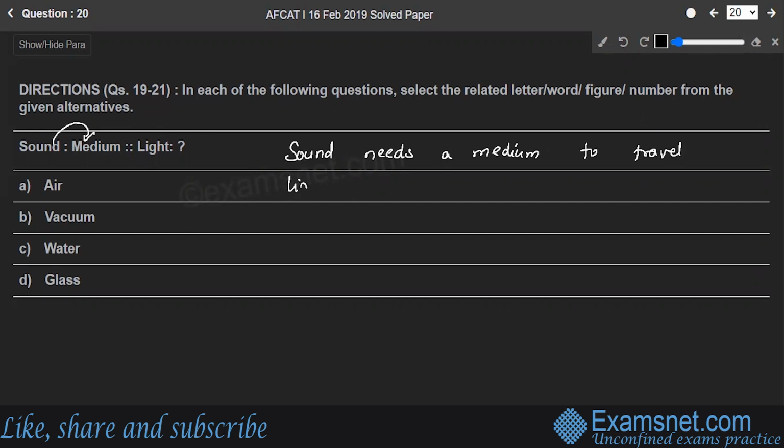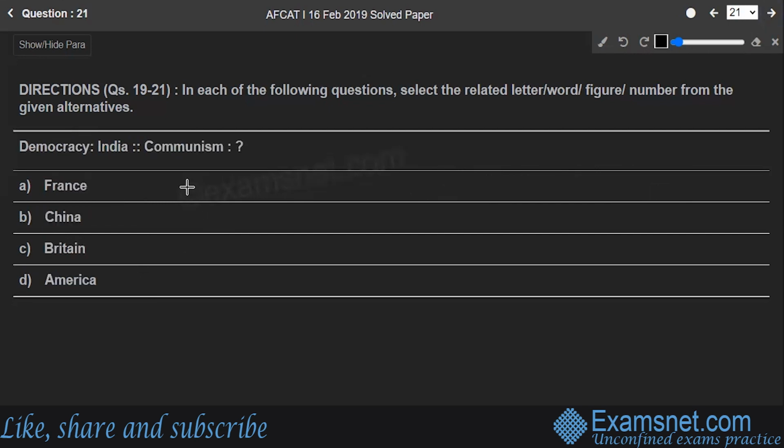Light can travel in vacuum also, where there is no air present. So light does not need a medium to travel. Here we have option B as the correct answer. Hope you're clear. Next question number 21.